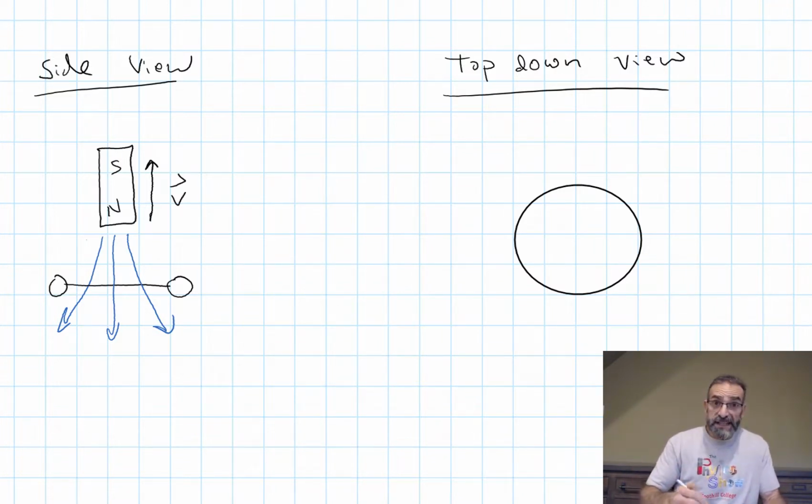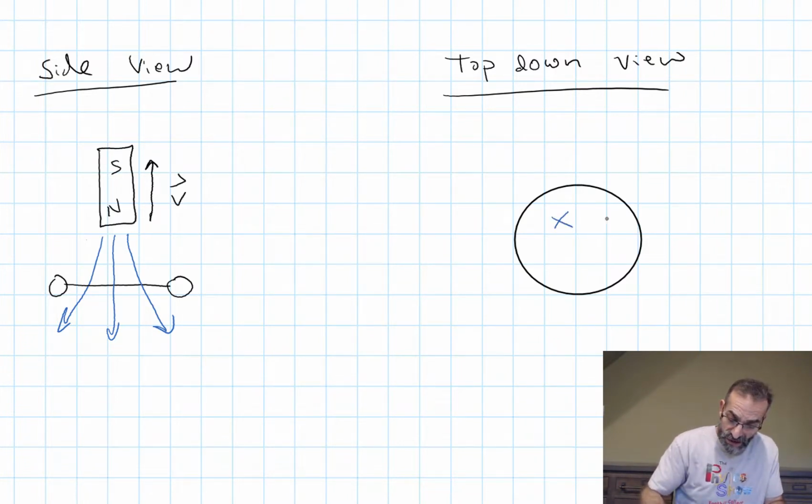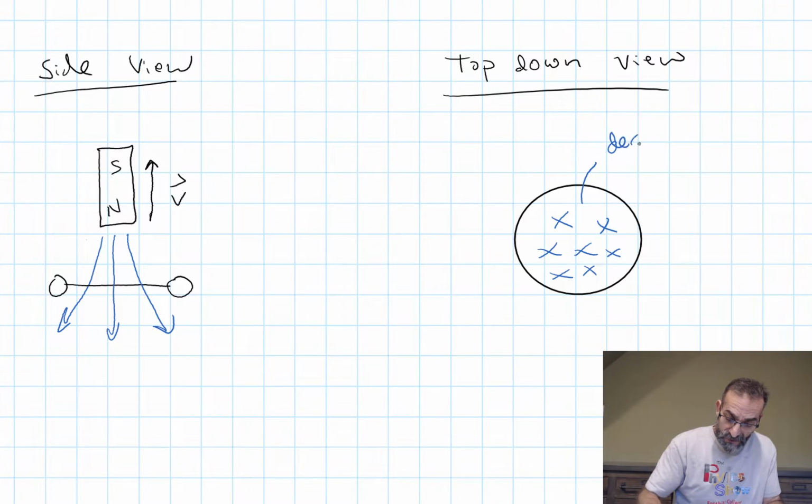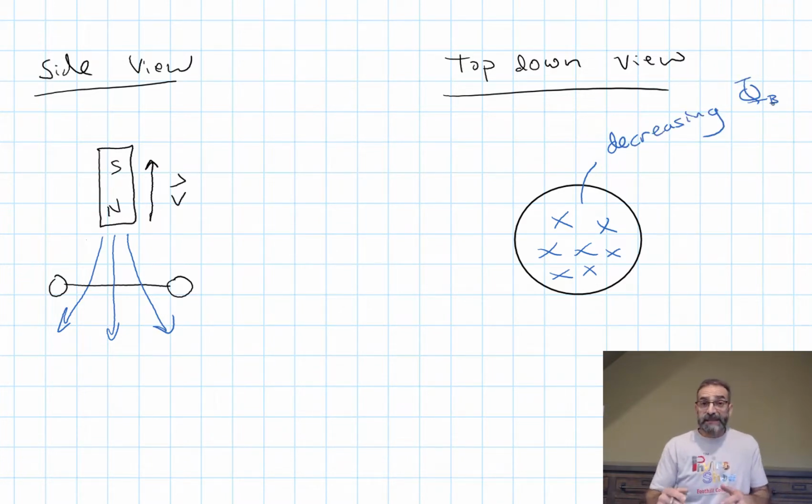So our flux is still down into the page as we're looking from above, but now it's decreasing. Decreasing magnetic flux. As the magnet moves away from the loop, the number of magnetic field lines penetrating the loop is becoming less and less.